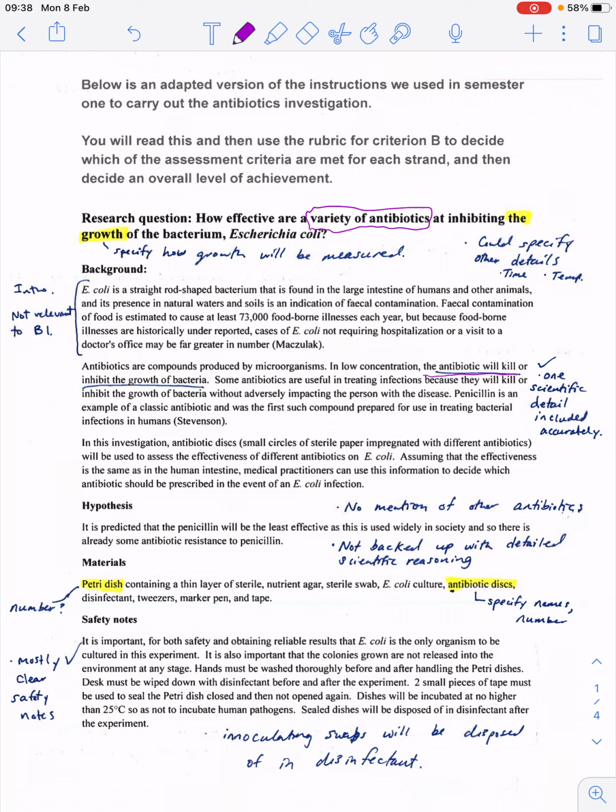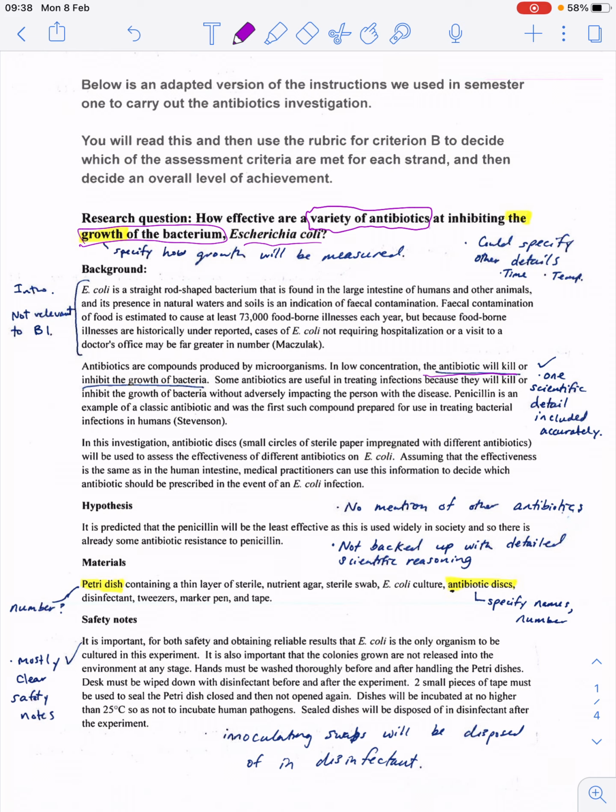That's what we were changing, the different antibiotics at inhibiting the growth of E. coli. So our dependent variable is the growth of E. coli. And it does at least specify the type of bacteria, so there is a little bit of detail in there. But I think there are other details that could have been specified, like how is this growth going to be measured?